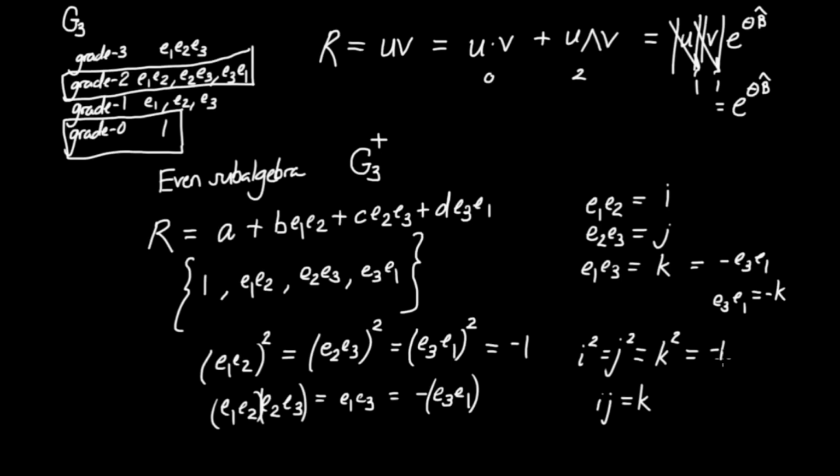Now, if you wanted to set all of the stuff equal to minus 1, you could do the following. You could take this equation, multiply on both sides on the right by k, in which case I have ijk equals kk, or k squared, but k squared is equal to minus 1. So I have minus 1 over here. So you could add that all in to one singular equation. Now, what is this equation here?